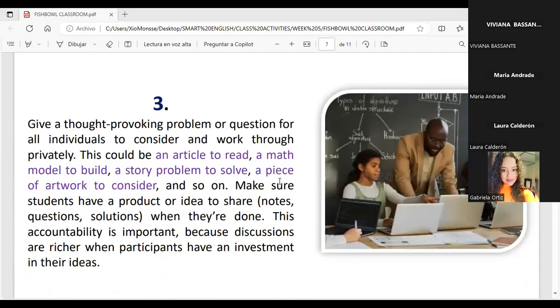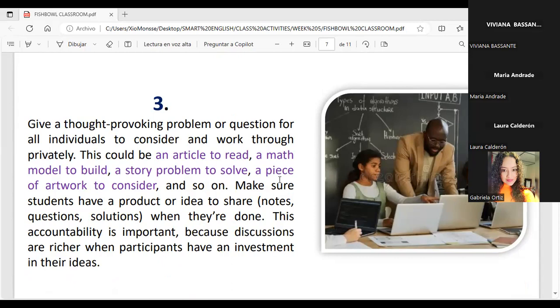Number 3, give a thought-provoking problem. Maybe you can start, the teacher is in the center of the classroom and you have to provoke a question. You have to make a question, right? A question for all individuals to consider and work through privately.